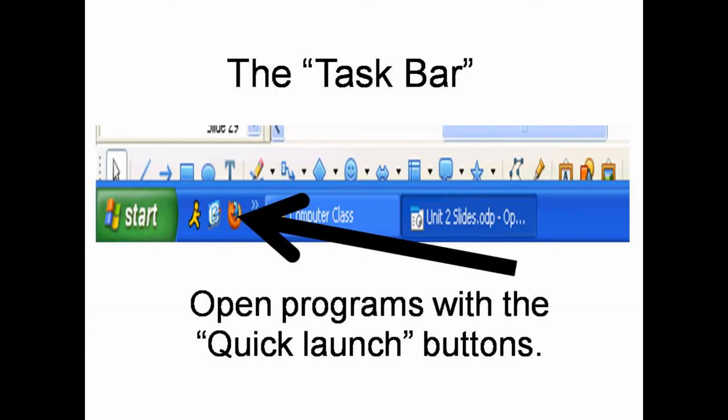Next to that, there are quick launch buttons, if it is turned on. And these quick launch buttons mean that you have access to certain programs that you choose that will enable you to open a program from any location on your computer.